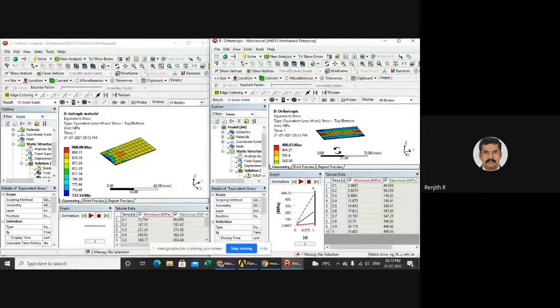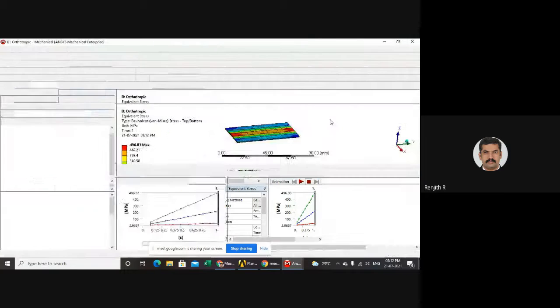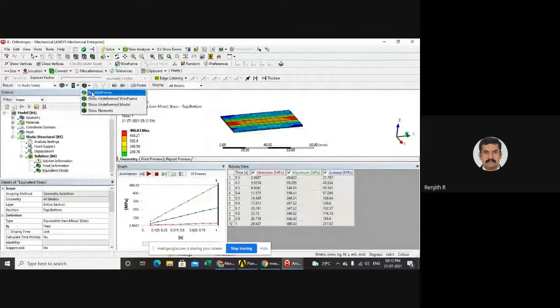Obviously it also depends upon the material properties which we gave for the analysis. And if you closely observe the stress distribution, you can see an important thing. The stress distribution is very low at the edges and centrally it is located.